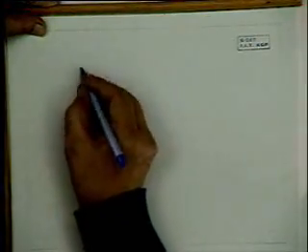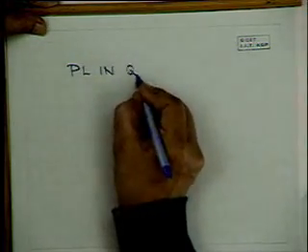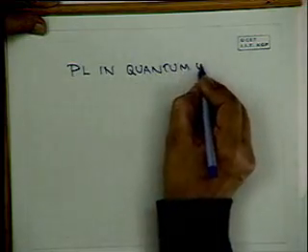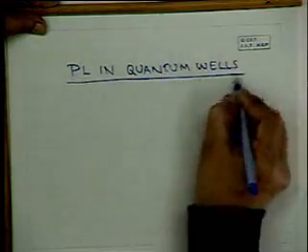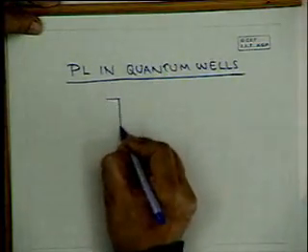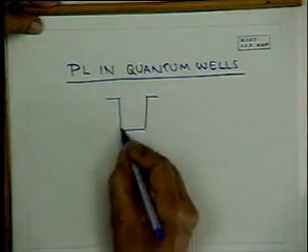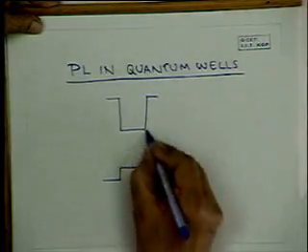Now, the last topic I'll discuss is PL in quantum wells, which are important for devices. This is a case of band-to-band recombination, except that in the quantum wells, the electrons are localized.